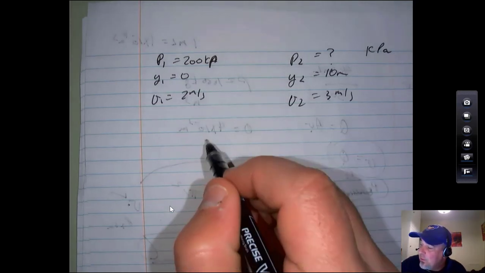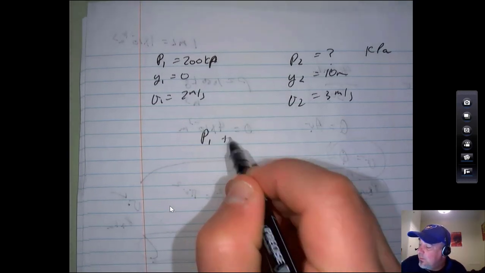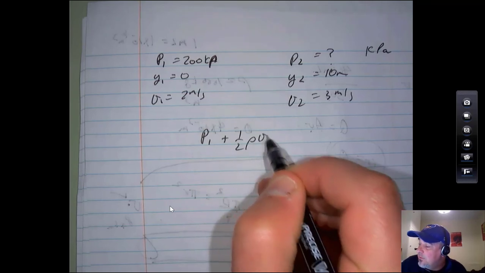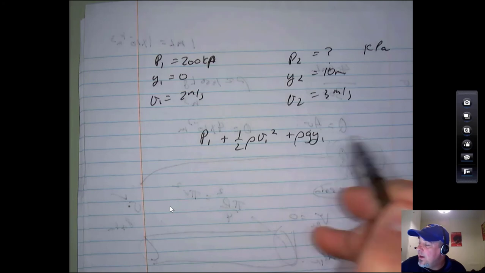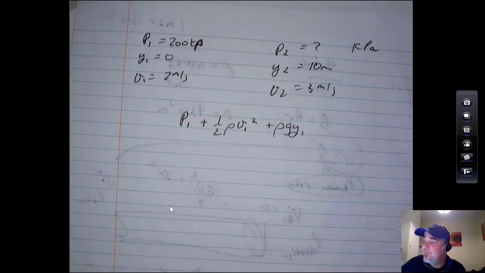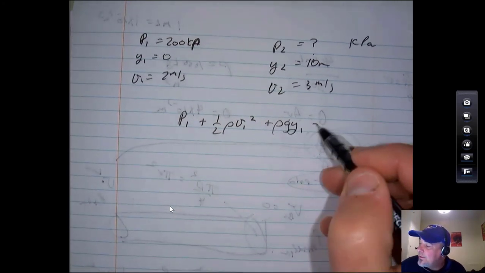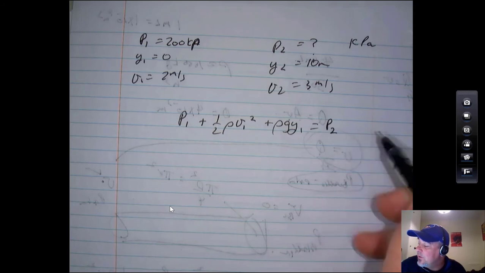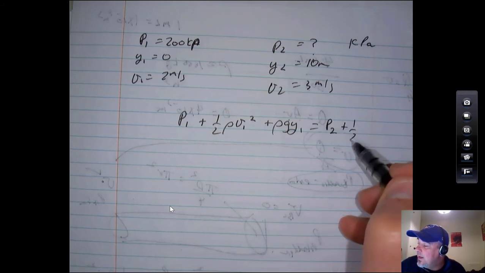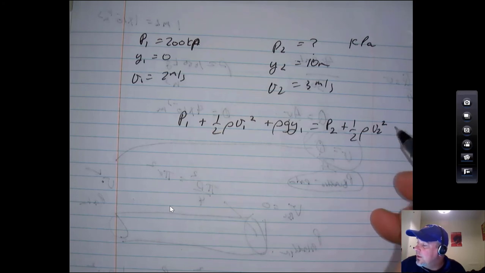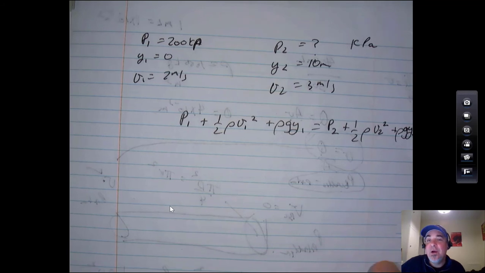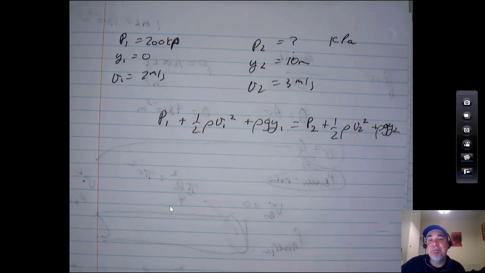With Bernoulli's equation, we've got P1 plus 1/2 rho V1 squared plus rho g y1. That's the beginning of the pipe. That's got to be equal to P2, the pressure up there, plus 1/2 rho V2 squared plus rho g y2.